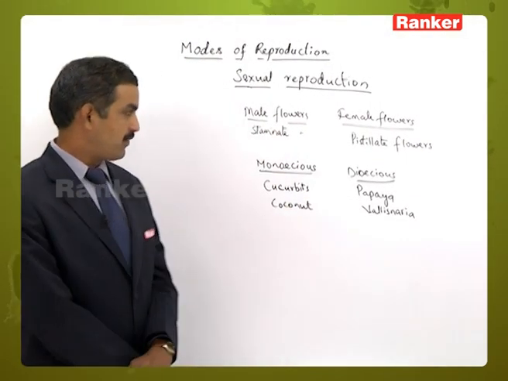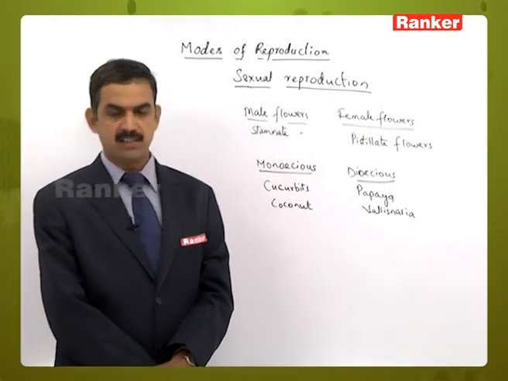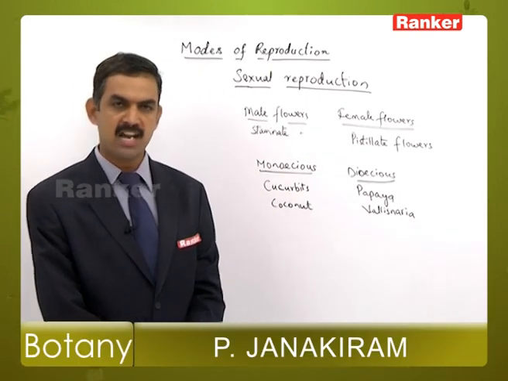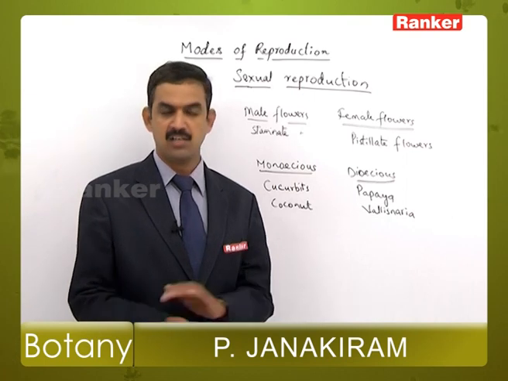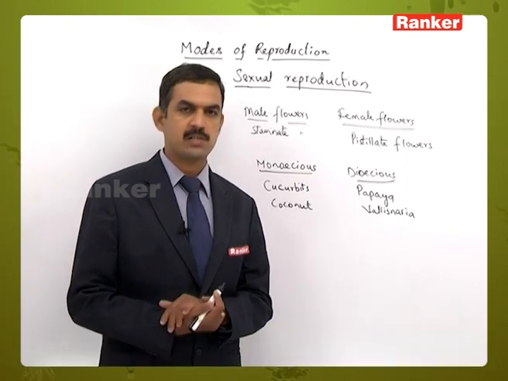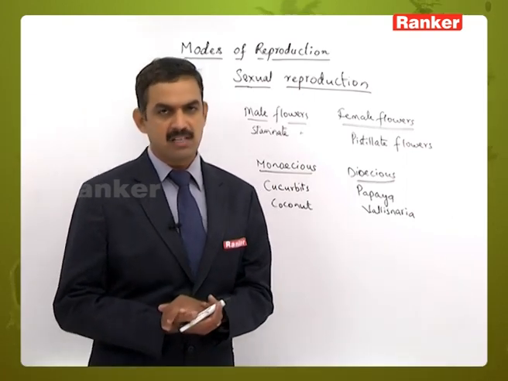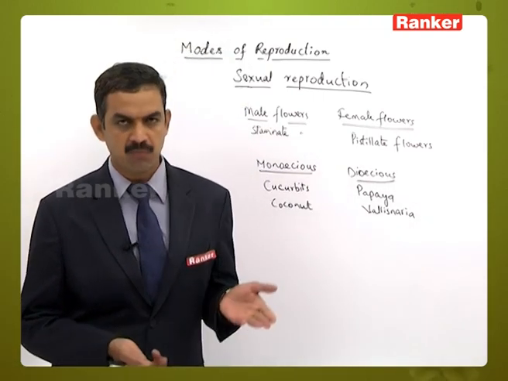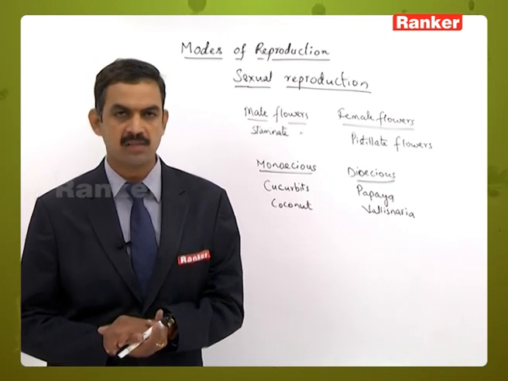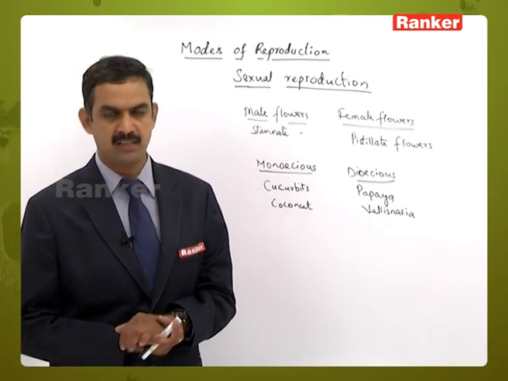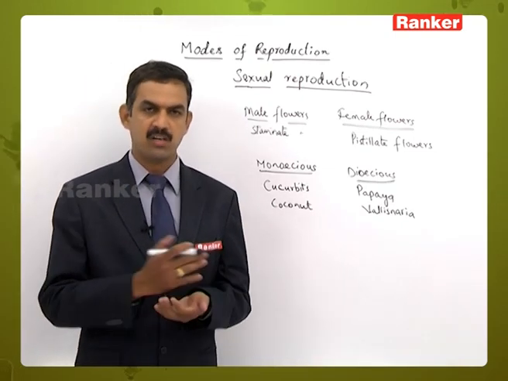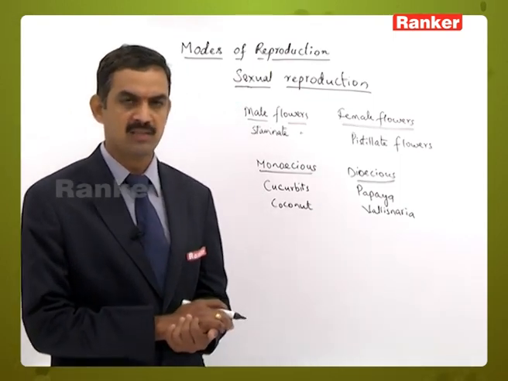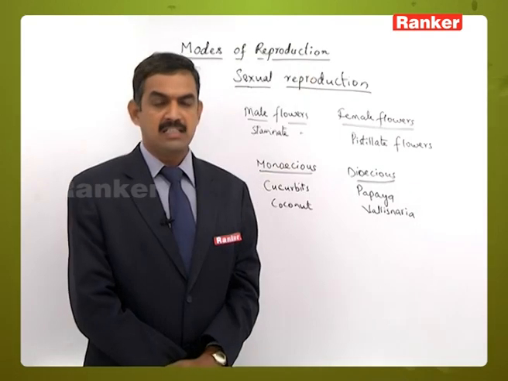And apart from this, bisexual flowers, as we have said, have both the male and female sex organs, that is androecium and gynoecium, present in the same flower, and that is another condition. And one more condition is called the polygamous condition. Polygamous condition can be seen in Mangifera, where unisexual flowers and also bisexual flowers are present on the same plant. So there is a possibility of transfer of pollen grains between the different types of flowers in the cross pollination that we had studied in the earlier classes.